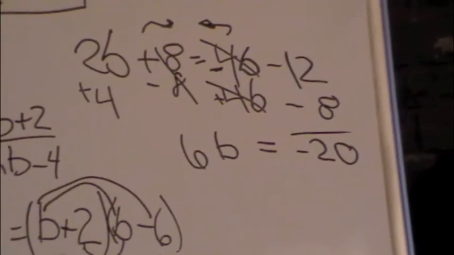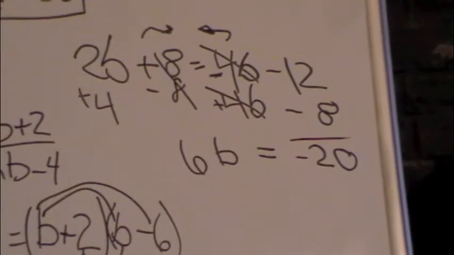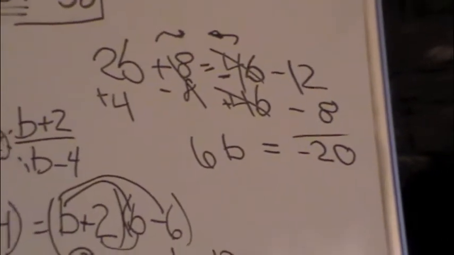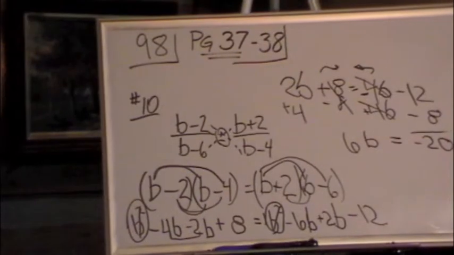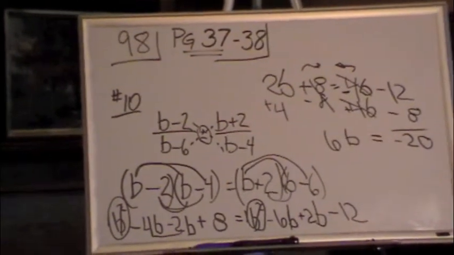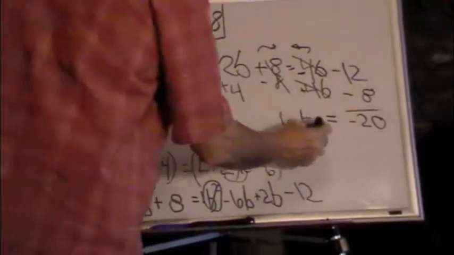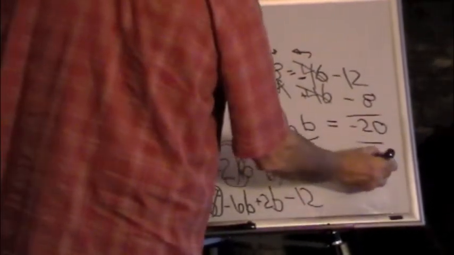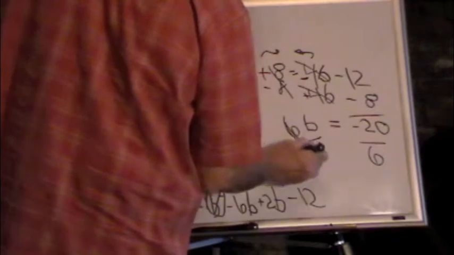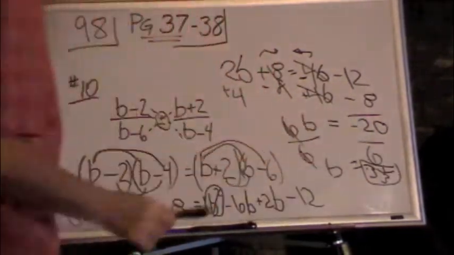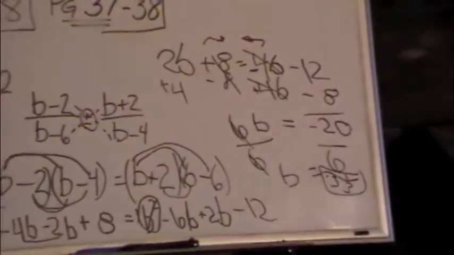So let's go back over there. Should be negative 12 and 2B. That's just about where we are. So there you go. B is 3 1/3, because 6 into 20, closest is 18.